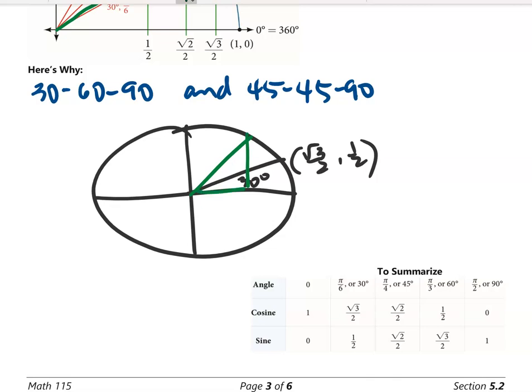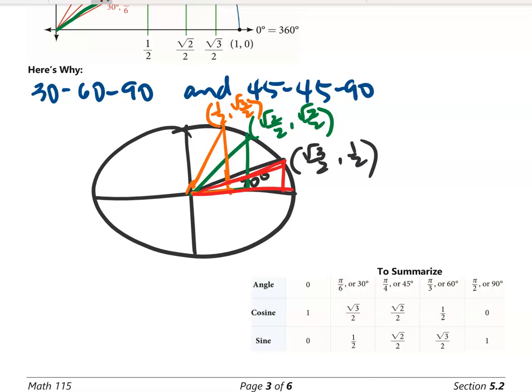This is like the 45, 45, 90 with the hypotenuse 1, and we have here square root of 2 over 2 and square root of 2 over 2, and this is the 60 degrees, so meaning this triangle is a 60, 30, 90, and we have here 1/2 and square root of 3 over 2. This is 30 degrees.